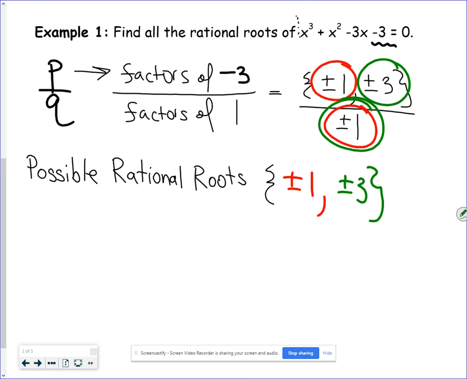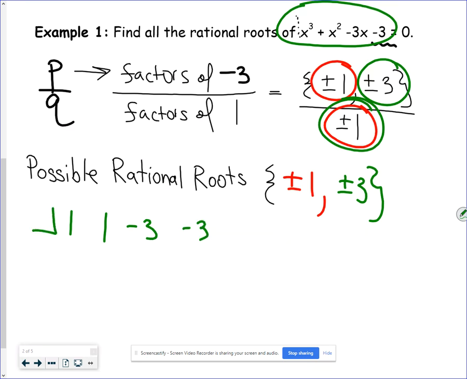Remember, when you use synthetic division, you just list out the coefficients of your polynomial equation. Make sure none of your x's are skipped over. We got to the third power, to the second power, to the first power, to the 0 power. So none are skipped over. So our coefficients are 1, 1, negative 3, and negative 3.